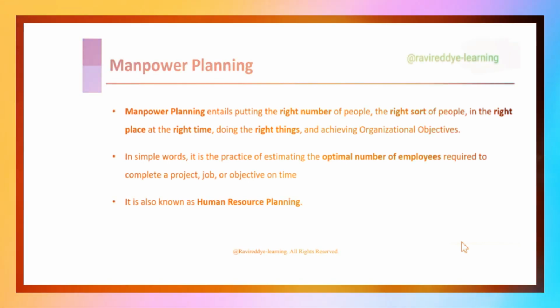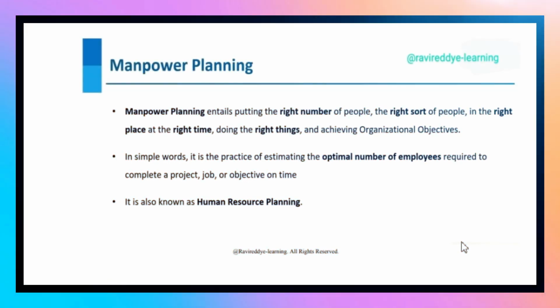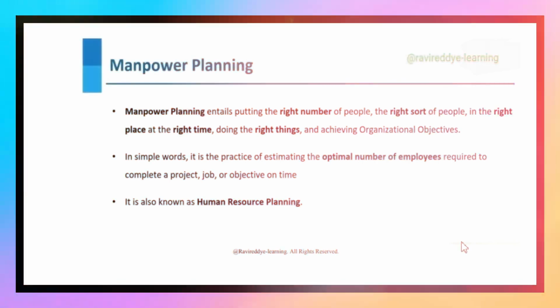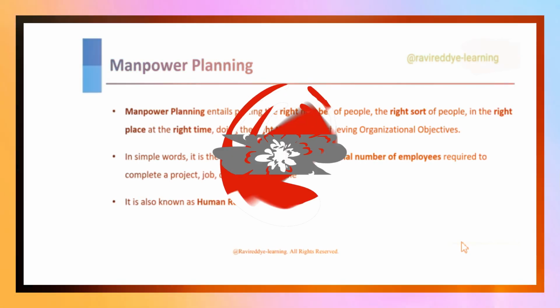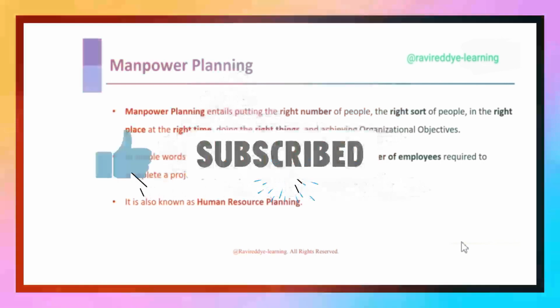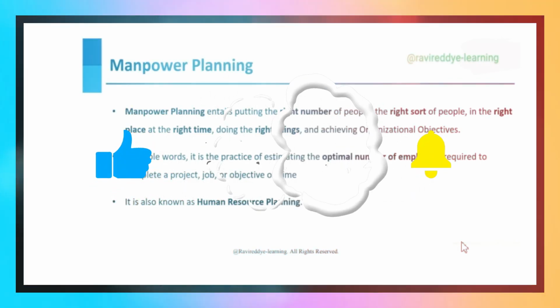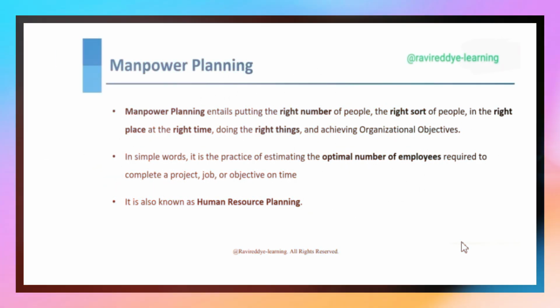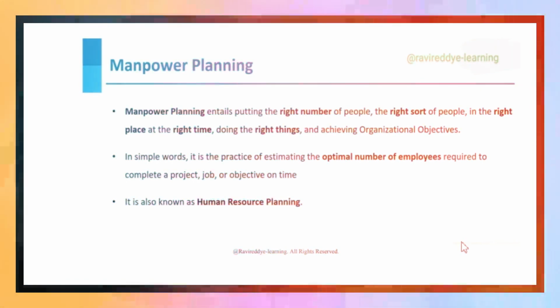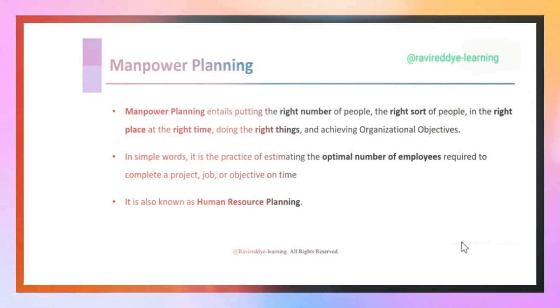And if there is a lack of people, then being an HR, I need to hire more people. I need to attract more and more people who can apply for the job vacancies, and then do the screening, interviews, and everything, and hire them based on knowledge and abilities.